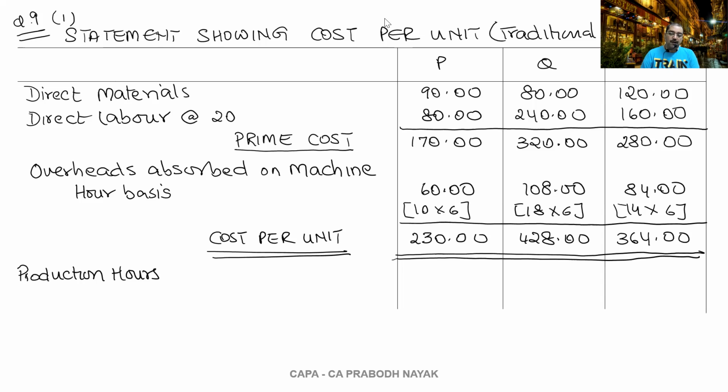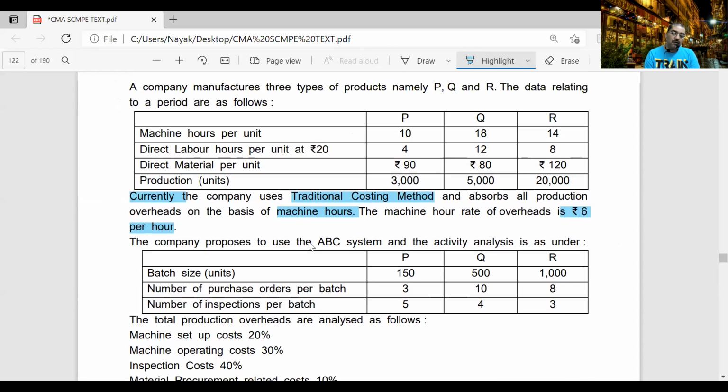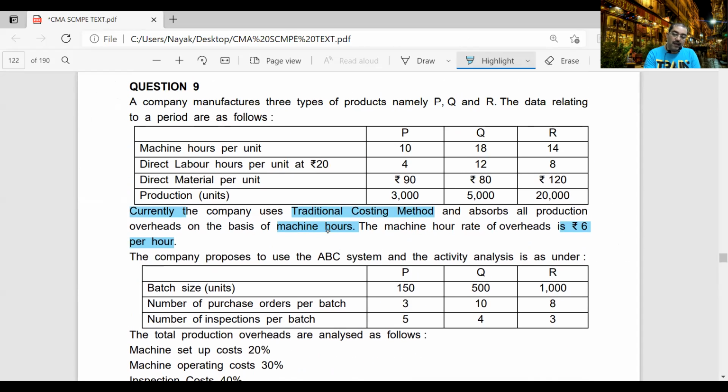If you see our problem, they have given all the details: machine hours per unit and 6 rupees per hour as the rate of overheads. But we want the number of hours now. So 10 into 3000. For rate, you will multiply by 6. Then for Q, you will have 18 into 5000. For R, you will have 14 into 20,000. Okay, so let us do that.